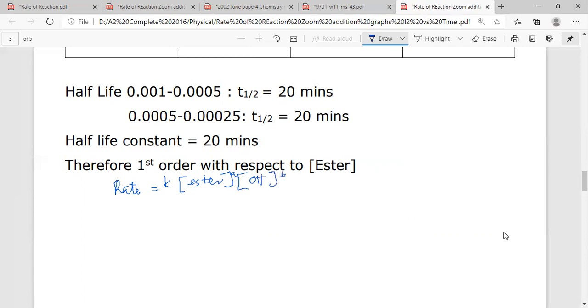So if it is run A and run B, rate A equals k, where k is constant for a given reaction and for a given temperature. Ester, of course, we know is 0.001, and we know it's already first order. But doesn't matter, if you don't know, never mind, you can still put it down because it will cancel off.